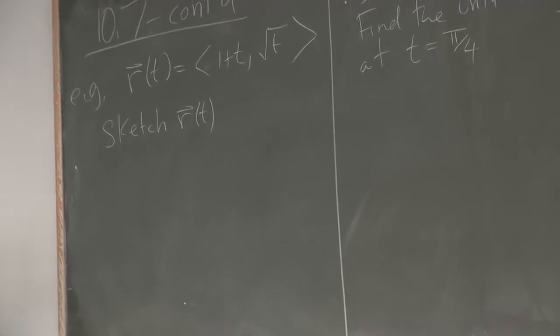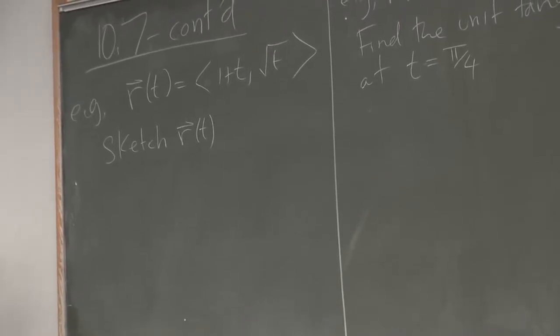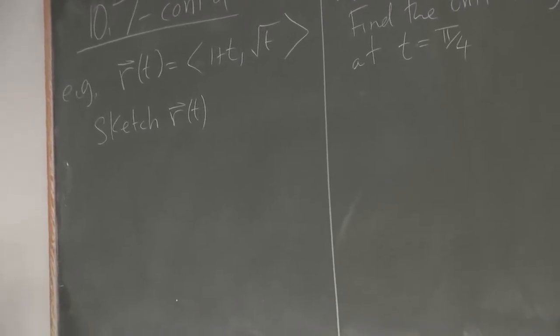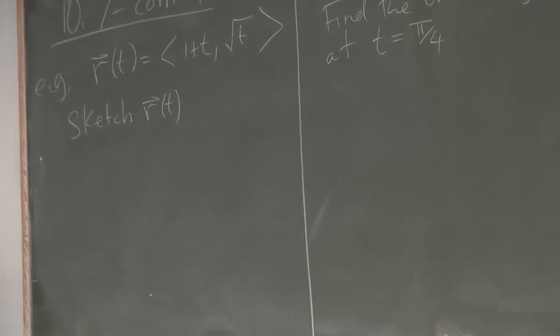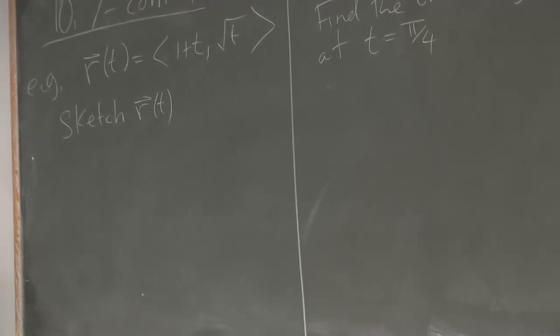How do you sketch R? I just recast it in terms of x, so x is 1 plus t, so t is x minus 1.